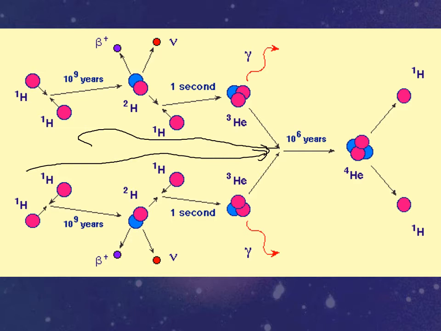And so that's what's going on inside here. You start with 2 protons, becomes a deuterium, grab another proton, becomes a helium-3, 2 helium-3s come together, make a helium-4 with 2 surplus protons. And so that's the process.